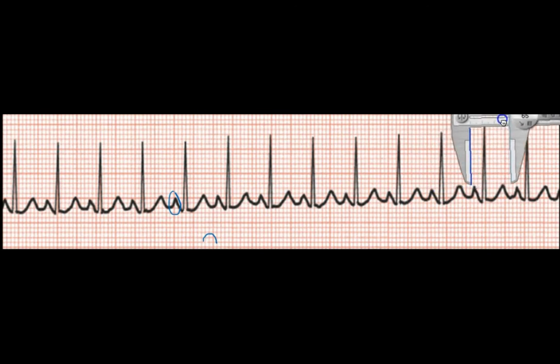And it looks like they line up. Okay. Another thing to take a look at sometimes is that you may be able to see that they also line up with the QRS complexes sometimes. So that makes life a little bit easier as well.